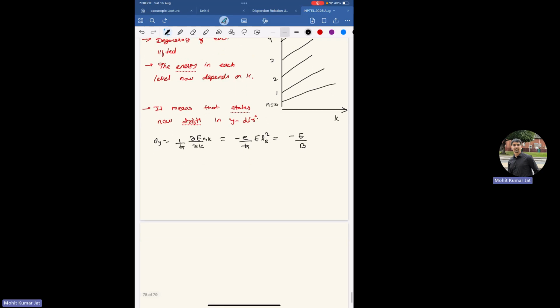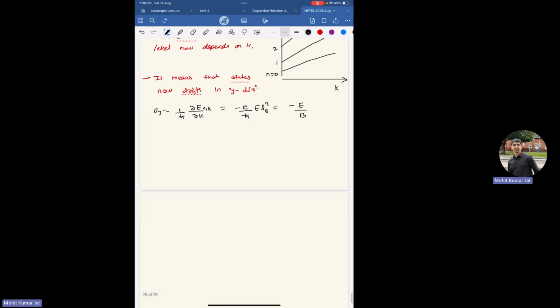If you put an electric field E perpendicular to a magnetic field B, then the cyclotron orbits of the electron drift, but they don't drift in the direction of the electric field. Instead, they start drifting in the direction E cross B, which is perpendicular to both the magnetic field and the electric field. And here we see the quantum version of this statement, that electrons in the presence of the magnetic field drift in the y direction, right?